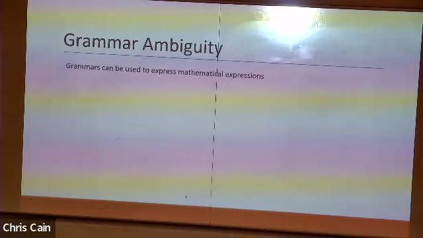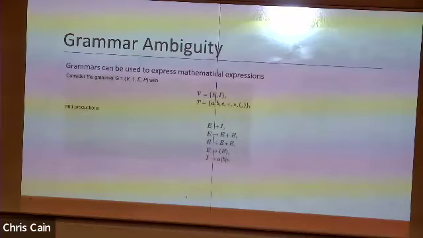I've seen this multiple times in courses like this being used to explain this, so I think that it's reasonable. Basically, we're going to make a grammar to represent parentheses, addition, and multiplication. That's all we really care about, but we need to be able to express an expression that has an arbitrary number of additions, multiplications, and parentheses.